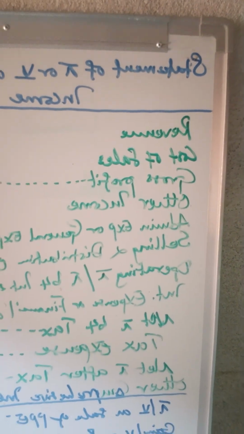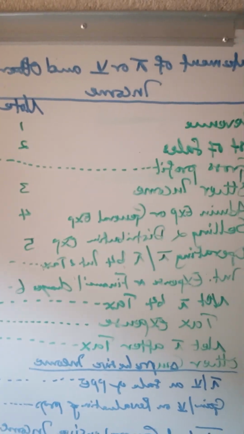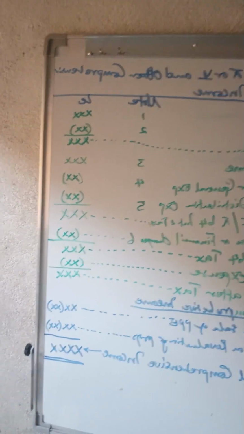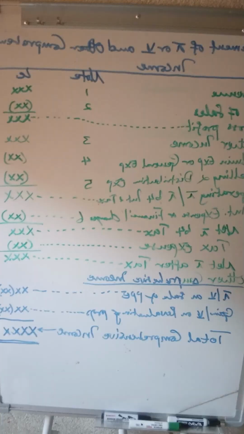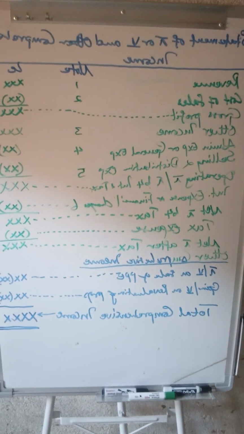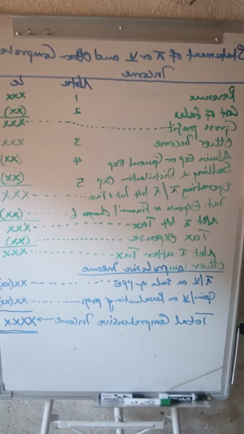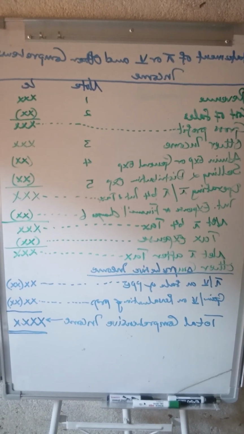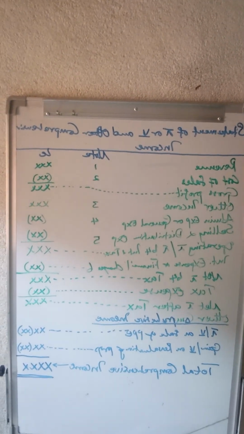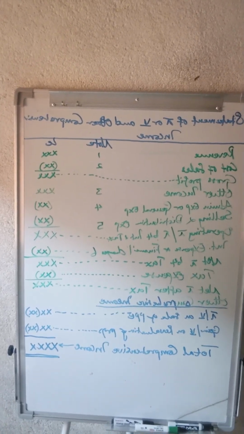After revenue, cost of sales, gross profit, other income. Then admin expenses and selling expenses, arriving at operating profit. Then interest expenses deduction, net profit, tax expense, net profit after tax, and so on. So this is a highly summarized statement of profit or loss and other comprehensive income.